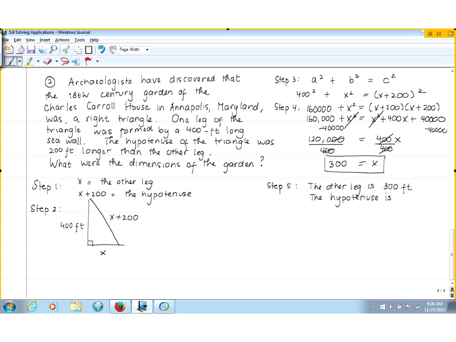If the other leg is 300, what about the hypotenuse? 500? How do you get 500? Yeah, x plus 200. Doable? Okay, good. So the hypotenuse is 500 feet. Yeah, so we're done.